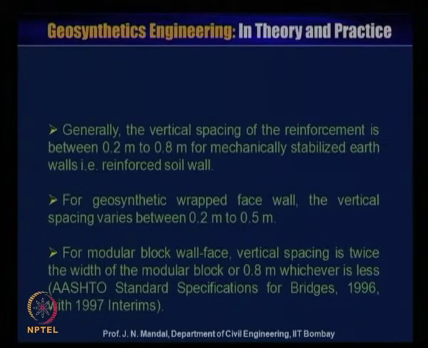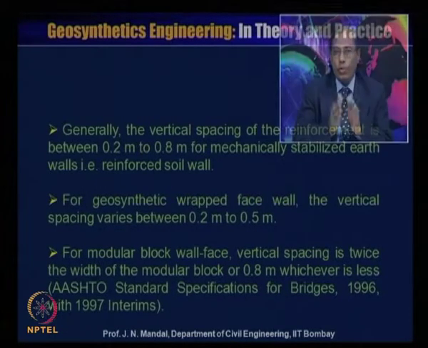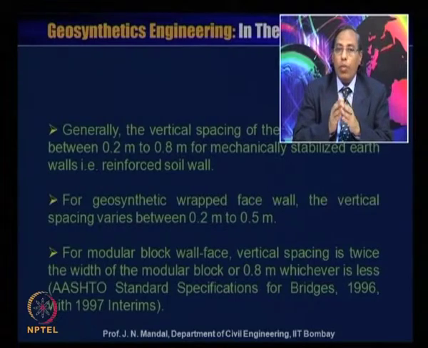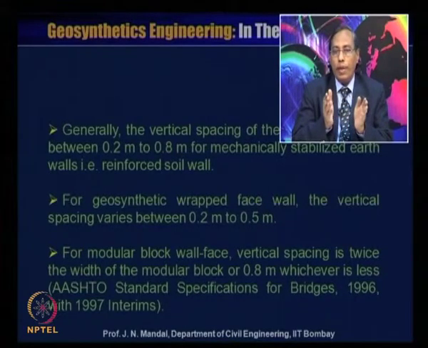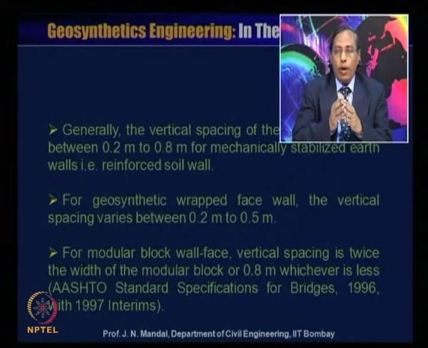So, generally the vertical spacing of the reinforcement is between 0.2 meter to 0.8 meter for mechanically stabilized earth wall or reinforced soil wall. You can go 1 meter also, but it is always preferable that you can go for the 0.8 meter for stability point of view.